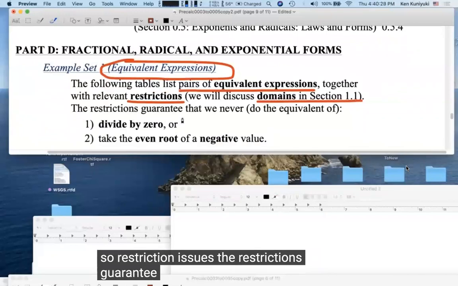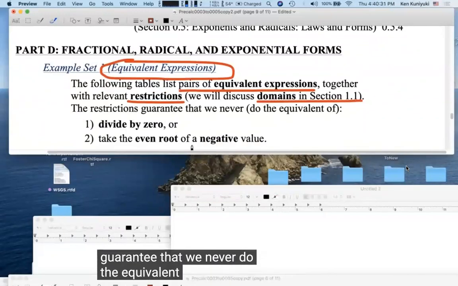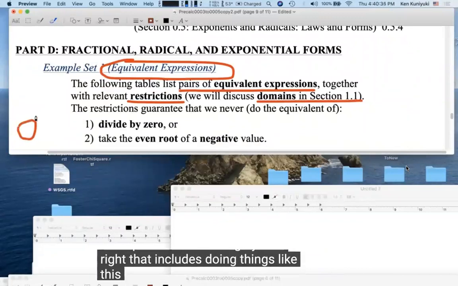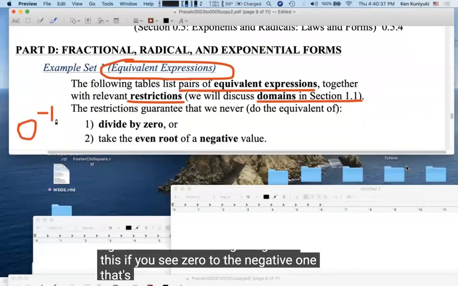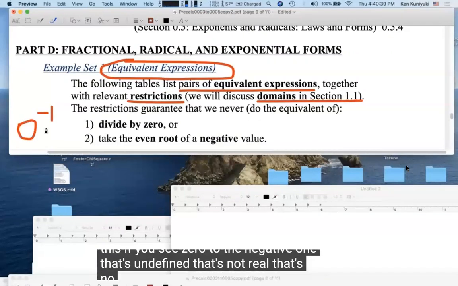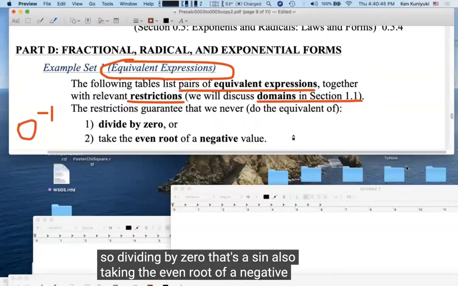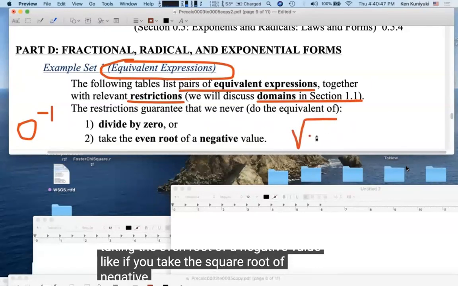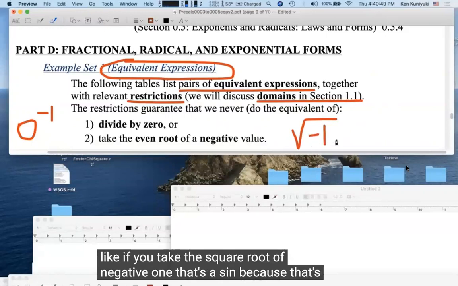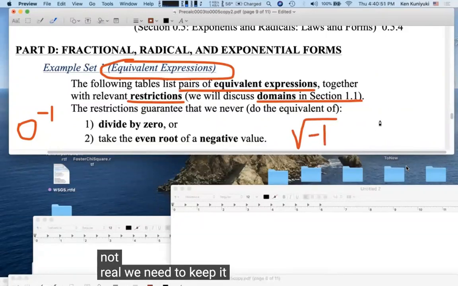The restrictions guarantee that we never do the equivalent of dividing by 0. That includes doing things like this: if you see 0 to the negative 1, that's undefined. That's not real. That's no good either. So dividing by 0, that's a sin. Also, taking the even root of a negative value. Like if you take the square root of negative 1, that's a sin because that's not real. We need to keep it real.